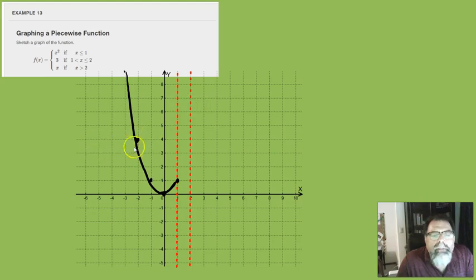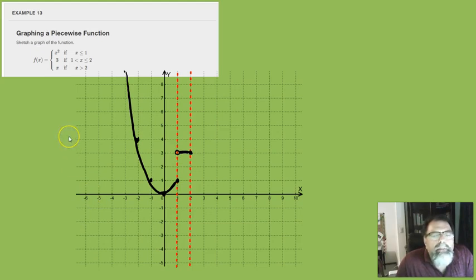Well, y equals 3 is just a horizontal line, but I'm just going to draw it through this portion, and it's going to be an open circle here and a closed circle there, because one is strictly less than and the other is less than or equal to. So that'd be a solid dot. And remember, y equals 3 is just a horizontal line.